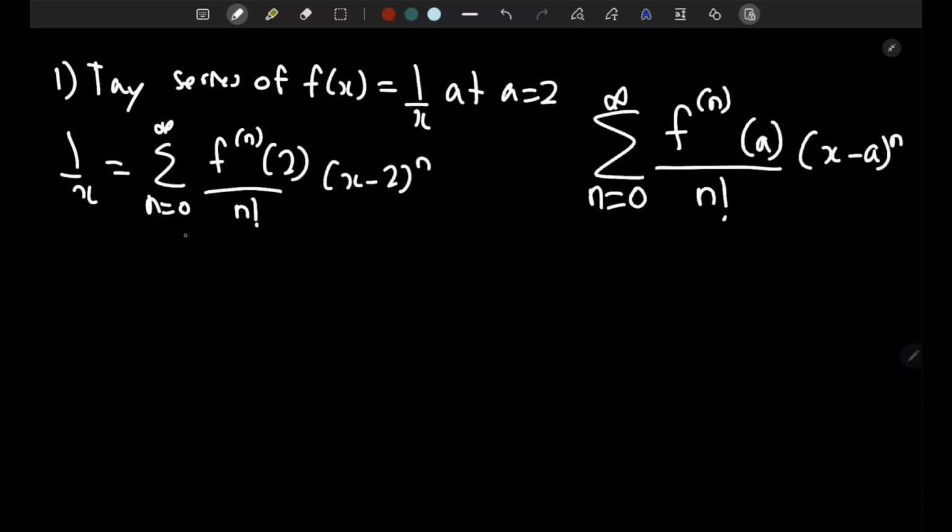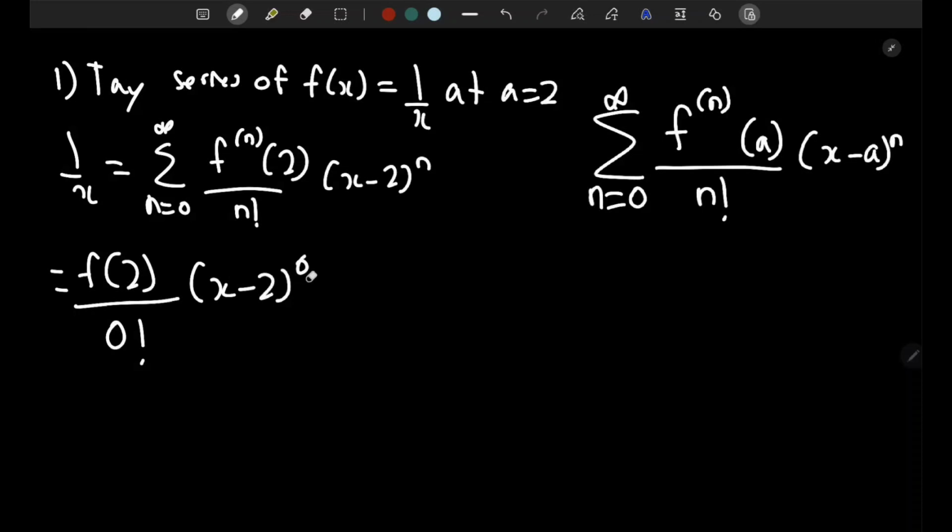So when n is equal to 0, it will be the first original term, so the function itself at 2. So this is what I mean by the nth derivative, because n is 0, so it will be the original function at x equals 2. So I'm just going to write f of 2 for now and simplify it later, over 0 factorial, multiplied by (x minus 2) to the power of 0.